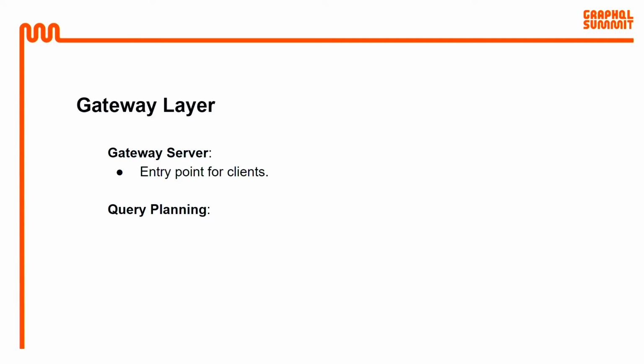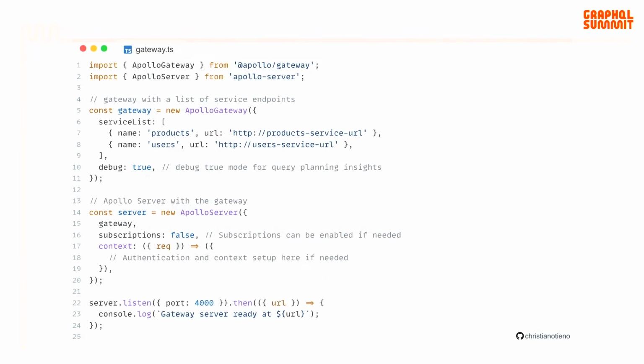Query planning is also very important because we need to optimize the plan for how federated queries get executed. Through this process, the gateway server ensures that data retrieval is carried out in the most efficient and effective manner, providing clients with responsive, reliable access to the system's resources.